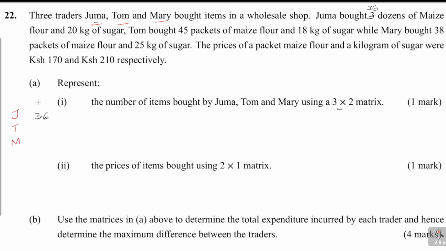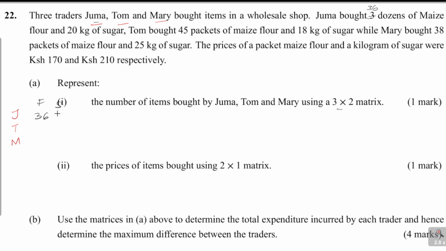This column is going to represent maize flour. Let me denote that one by F, and then sugar by S. So now the 3 rows are for Juma, Tom, and Mary. Then the 2 columns, one is for maize flour, the other one is for sugar.